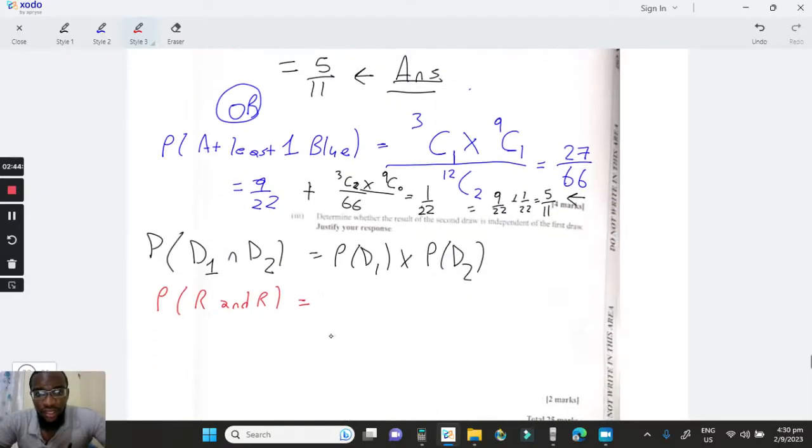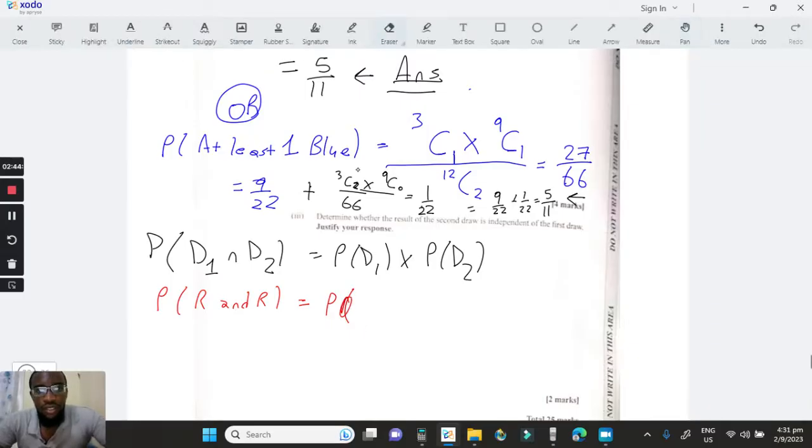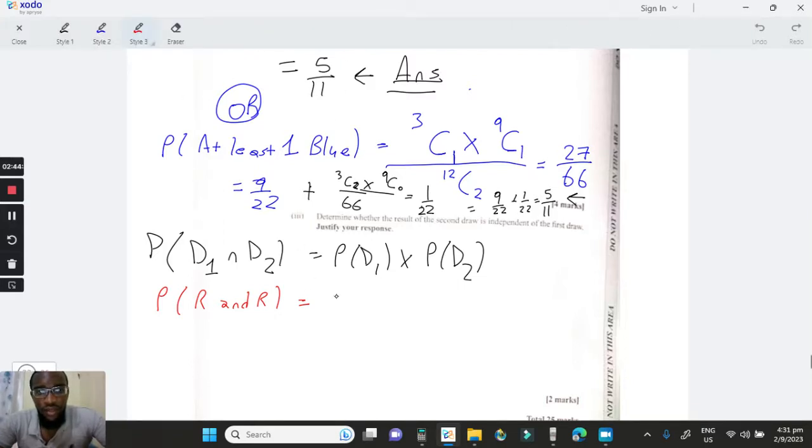We noticed that we had to work it out by multiplying; we had to use the multiplication rule. So to get red and red, we had to work out 5 over 12 times 5 over 11. So in that case, that is independence.